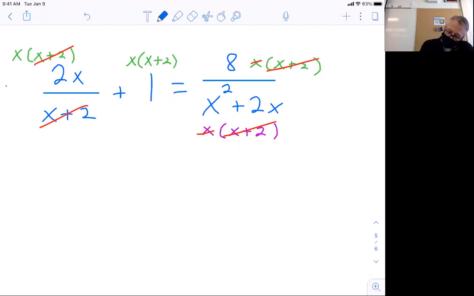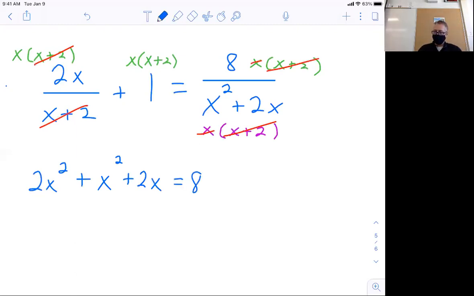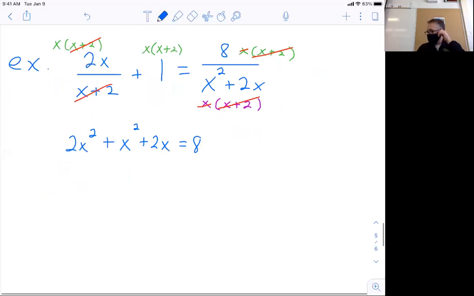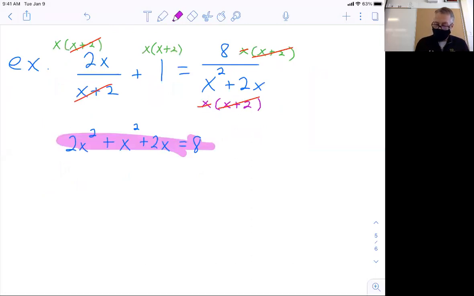And so what I'm left with is 2x times x, or 2x squared, in the middle, I have x times x plus 2, so I'm going to distribute that into x squared plus 2x. And then that equals 8 on the right side. So again, your quick check is that your second line should only have denominators of 1.